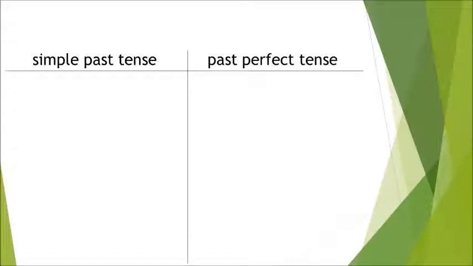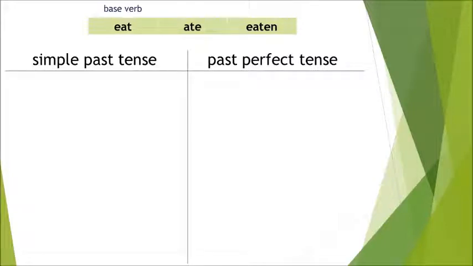Look at this table. I picked the verb eat. We know that eat is the base verb, ate is the simple past, and eaten is the past participle form of verb. So in simple past we use ate, and in past perfect we use eaten.